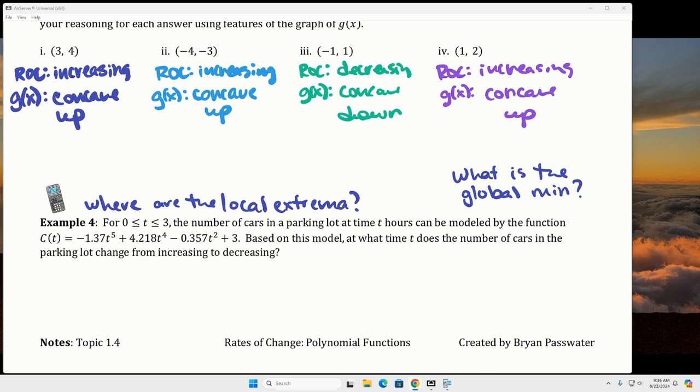All right, so the first thing we're going to do, we're only using this function between 0 and 3. And it gives the number of cars in the parking lot at time t hours. And so let's just go ahead and put that in the calculator.